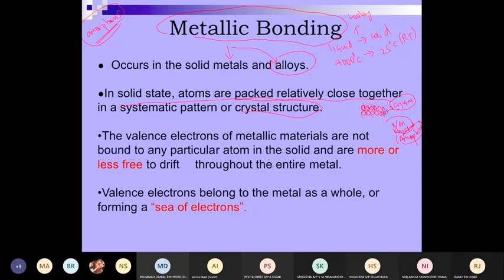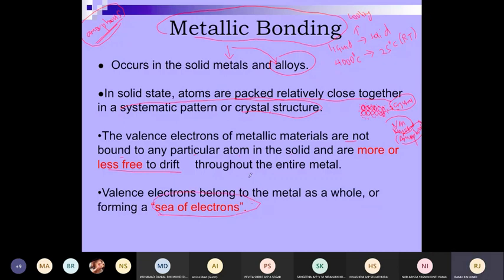So these electrons are not bound to any particular atom in the solid and are more or less free to drift throughout the entire matter. So the valence electrons of each atom can actually move freely anywhere. That is why it is called a sea of electrons.